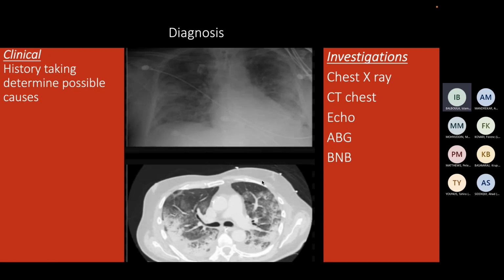We can also include the abdomen and pelvis in the scan in order to diagnose any source of sepsis or infection. It can also help to identify heart failure or cardiogenic pulmonary edema. Also, echo to exclude cardiogenic pulmonary edema, and some labs like ABG, BMP, nasopharyngeal PCR, blood and sputum cultures, CBC, CRP, procalcitonin.